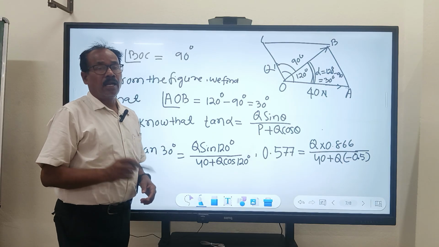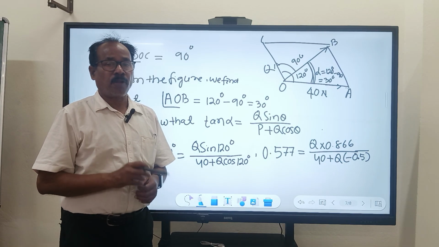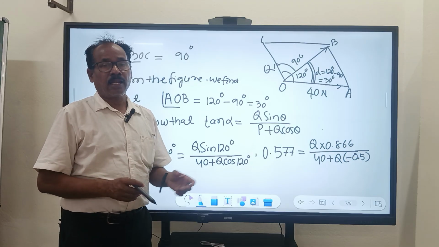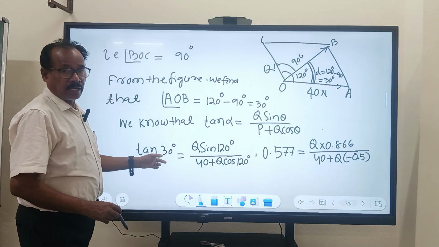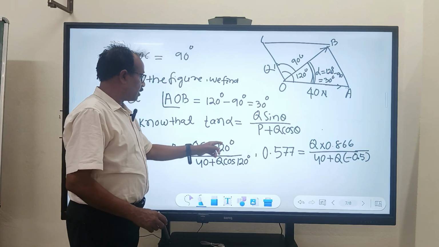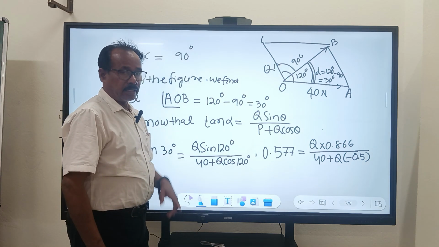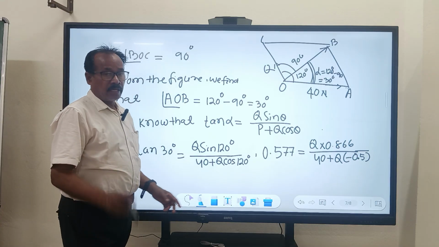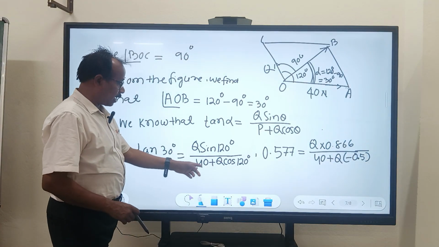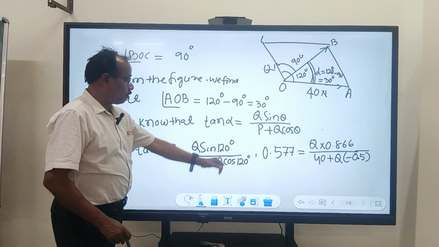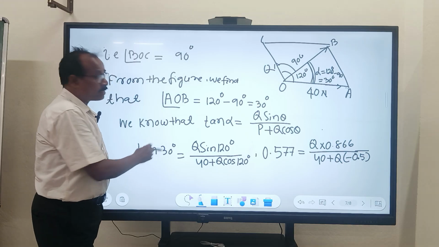You know that tan alpha is equal to Q sin theta divided by P plus Q cos theta. Then putting all the values, alpha is equal to 30 degree, Q sin 120 divided by 40 plus Q cos 120, where P is the bigger force, 40. This is equal to the value of tan 30.